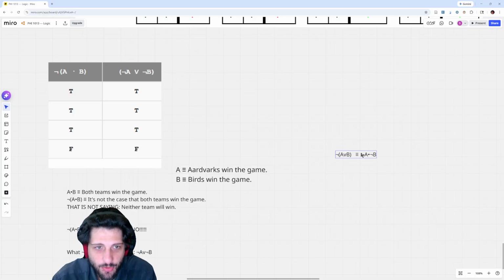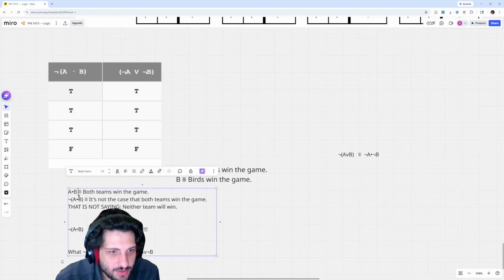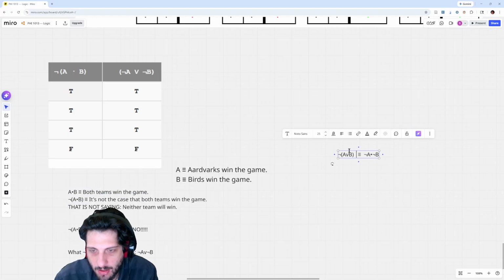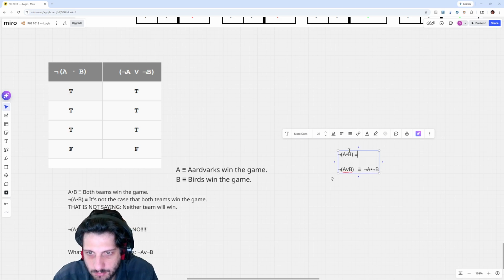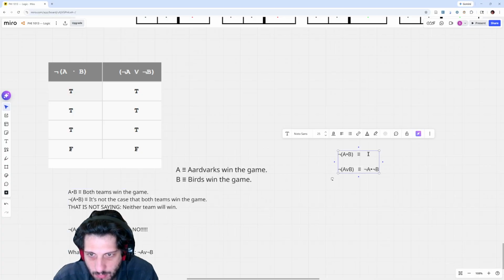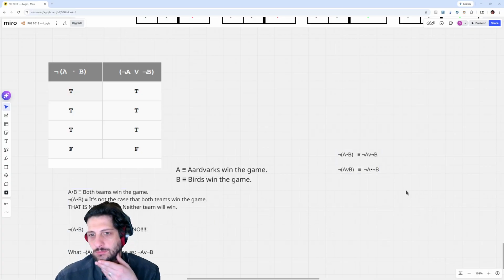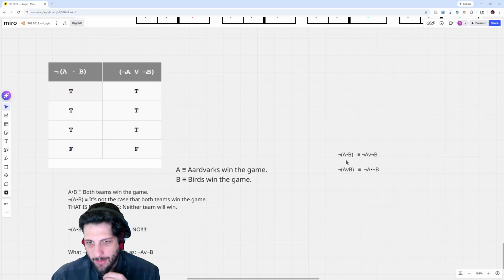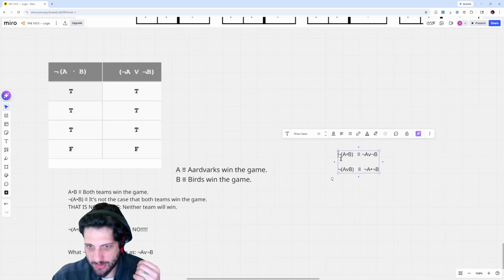Okay, so I'll put these two next to each other so you can compare. And again, we can go into our truth tables and actually verify this.